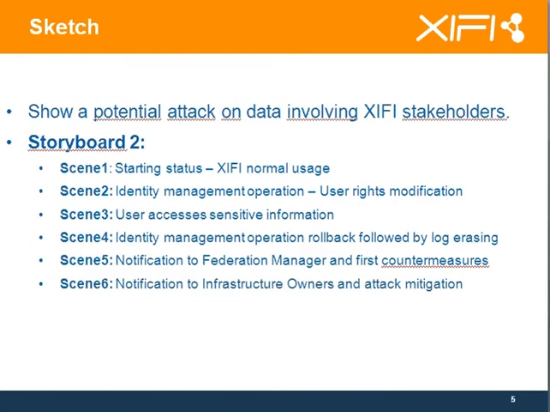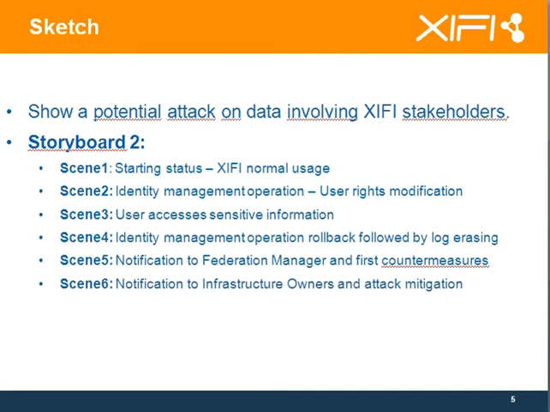Now let us describe and show the potential attack on data involving Xi-Fi stakeholders, which is the main objective of this use case. The storyboard is composed of scene number 1, which is a starting status, Xi-Fi normal usage; scene number 2, identity management operation with user rights modification; scene number 3, in which the user accesses sensitive information; scene number 4, identity management operation rollback, which is followed by log erasing activity.